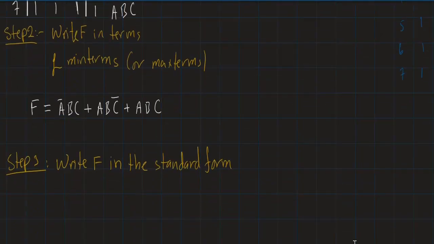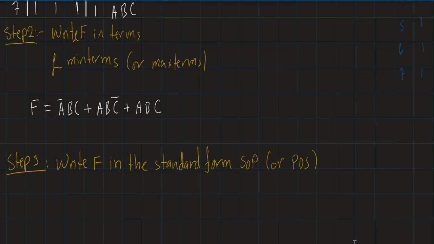And for the standard form, we have two forms. We have the sum of products. If you wrote f in terms of max terms, then you can write this in terms of product of sums. So we have two standard forms, sum of products and product of sums, and we have two canonical forms, the min terms and the max terms.